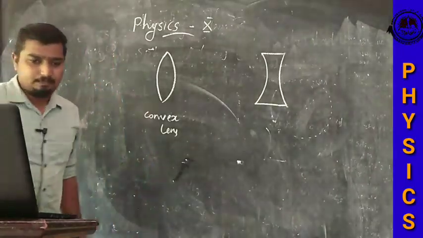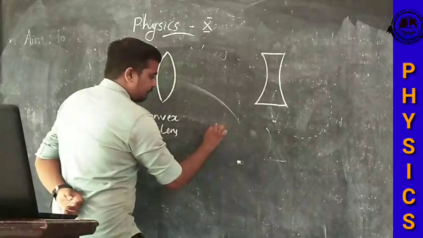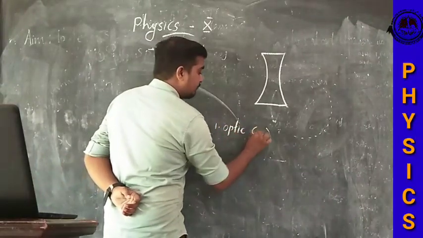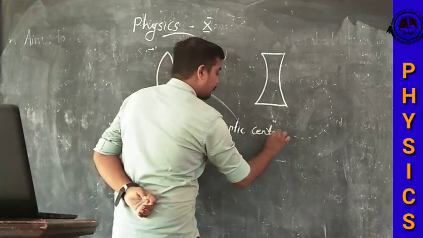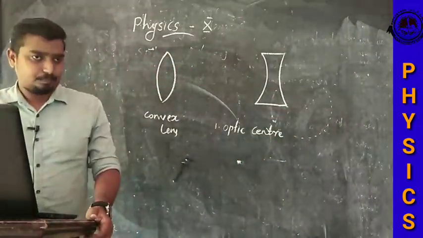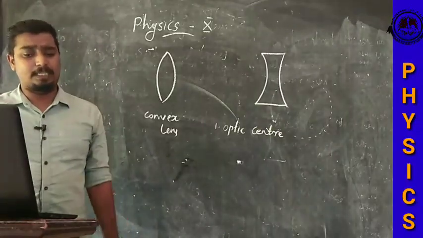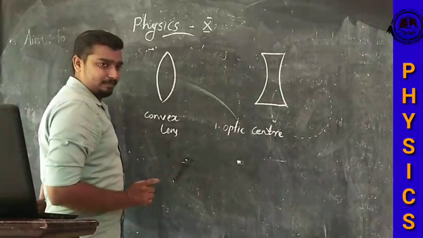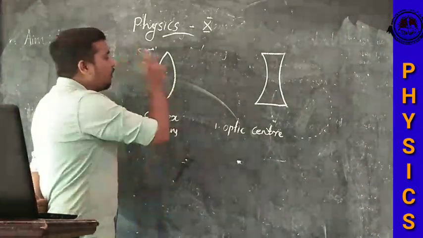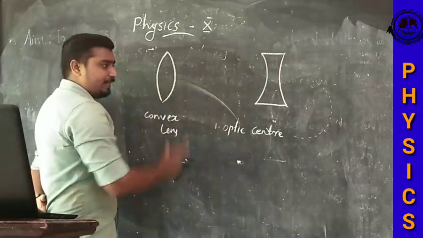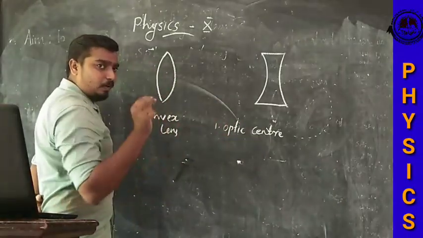The first term, optic center. The optic center means the midpoint of a lens is called the optic center.